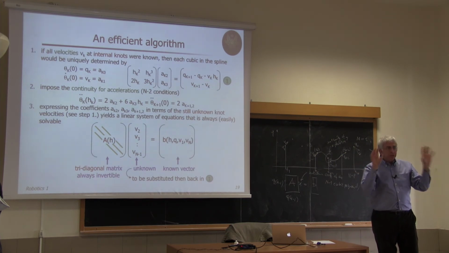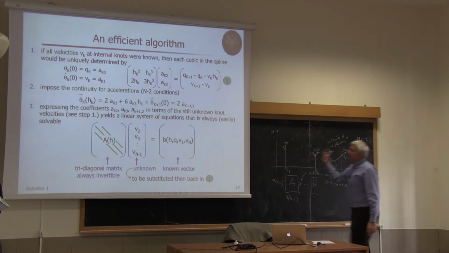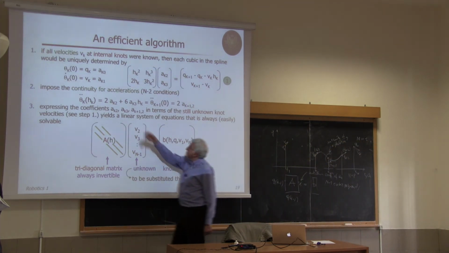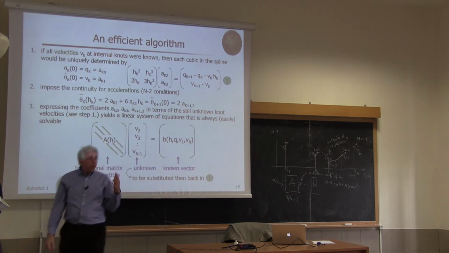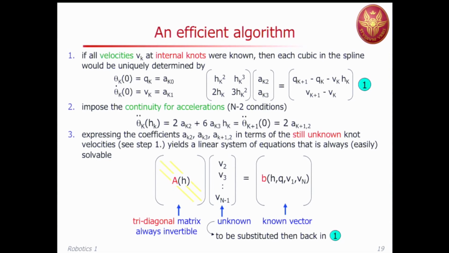Okay? So denote them by Vk, Vk plus 1, and so on. If you had this in your hands, then you could solve for the 4 coefficients of the cubic in an explicit way, in closed form, as we said. So the generic cubic at time 0 should pass through Qk.